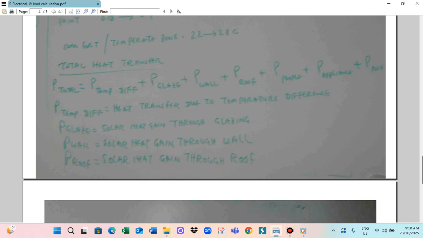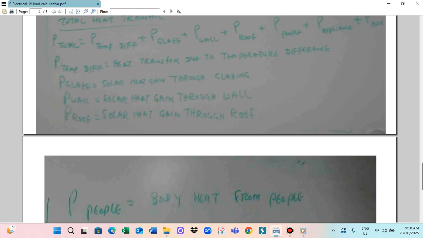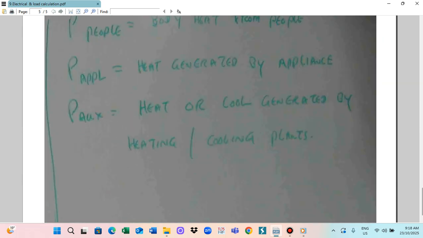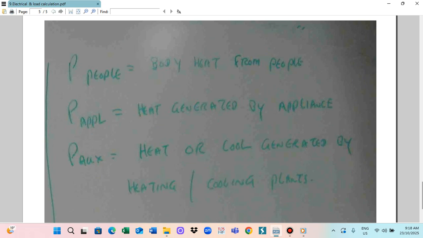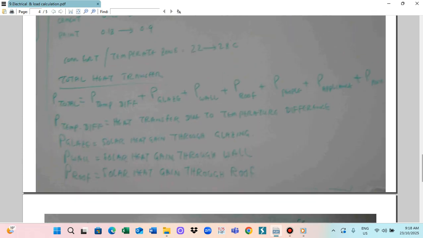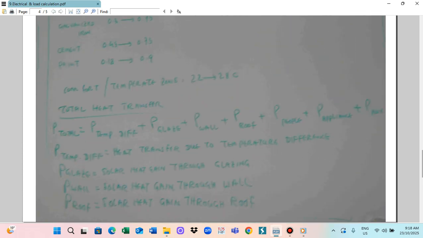This is the overall diagram: energy and temperature change process in building.